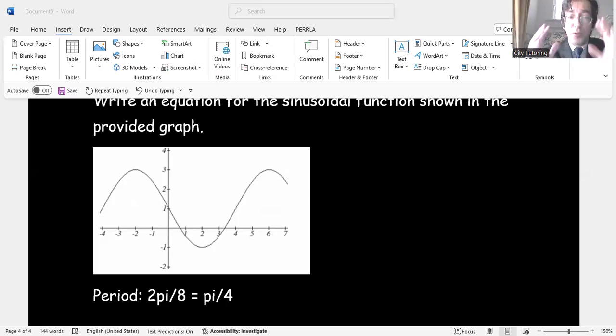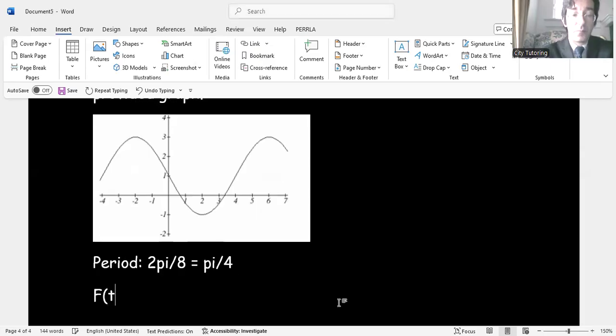So if you put this all together, we can label it as a function, f of x, or f of t in this case. I'm going to use t for time. So f of t is equal to -2, that's the peak here, and we said the compression factor was pi over 4.